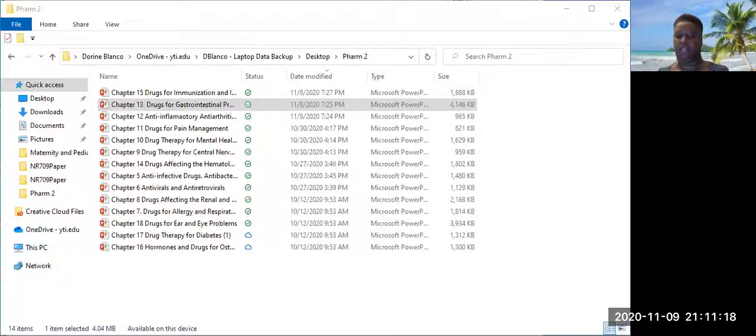For example, you have your codeine on this list. That definitely is one of the opioids that can cause constipation. So really, if a patient is on any type of opioid, it will definitely cause constipation. Okay, so those are lists for that. And then going back to your book, you have the general nursing considerations for drugs for constipation.